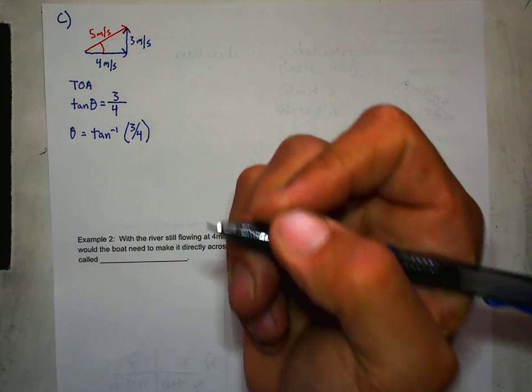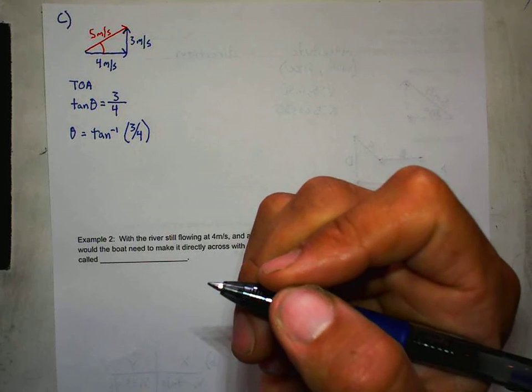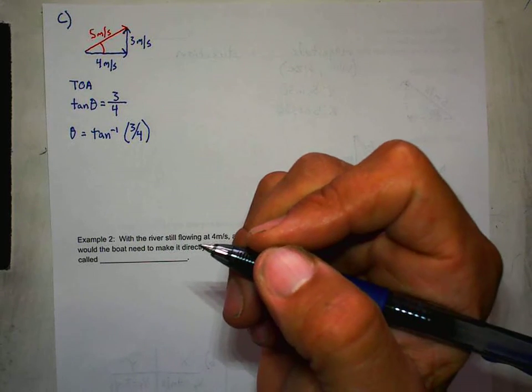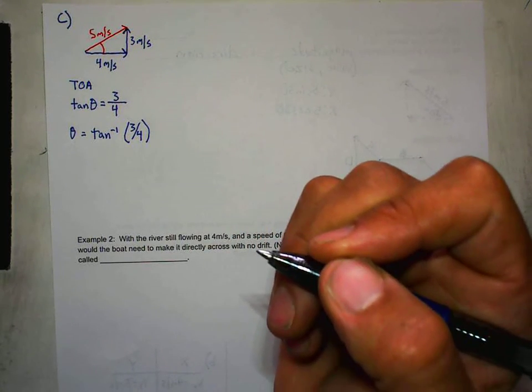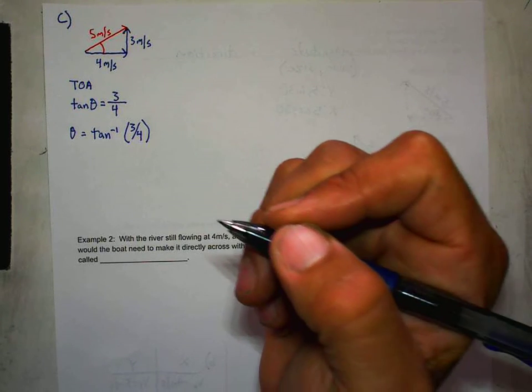If you get a reasonable answer, it's probably right. If you get a really small number, what is your mistake? You are in radians.